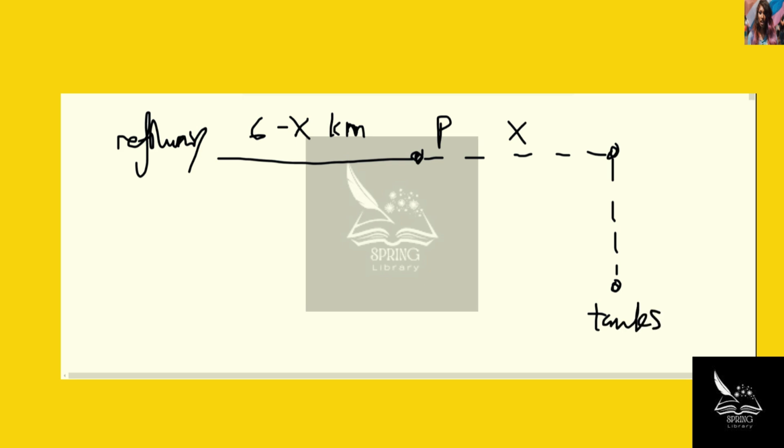The distance from the top of the river down to the tanks is 2 kilometers, and therefore the distance from the point P to the tanks is, by the Pythagorean theorem, the square root of x squared plus 4 kilometers.